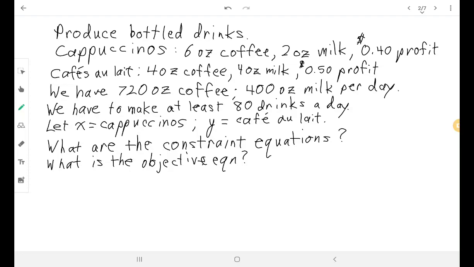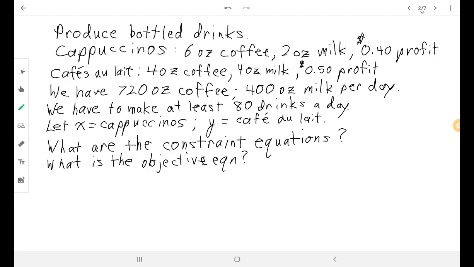So then we have to talk about what the constraint equations are and what the objective equation is. The constraint equations are the equations that are going to make up a graph, a so-called feasible region, that is going to allow us to see the vertices, and the vertices are what become important here.